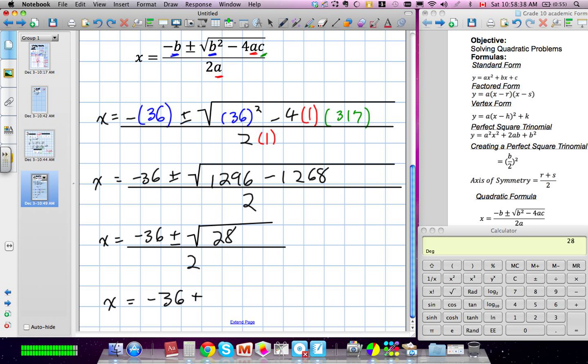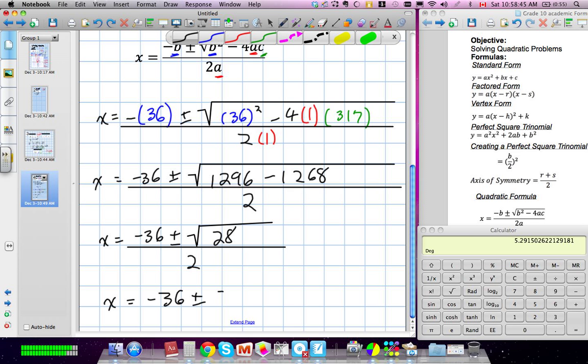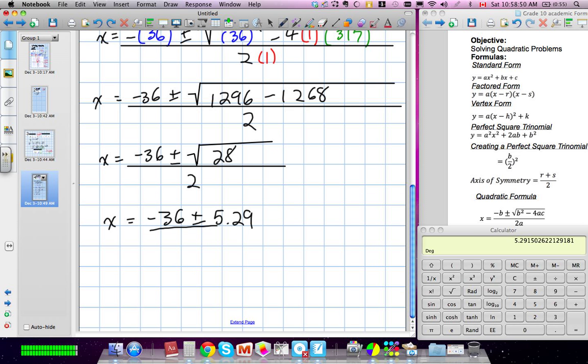5.29 divided by 2. Now, the reason I have this plus or minus is because technically the square root of 28 has two answers. It's either positive 5.29, because a positive times a positive gives us a positive, or it's negative 5.29, because a negative times a negative still gives us a positive answer. So that's why they draw this symbol in front, plus or minus.